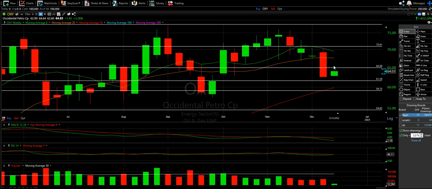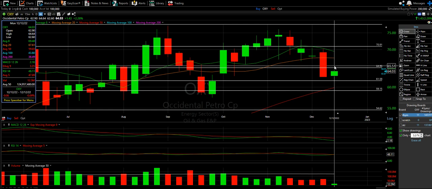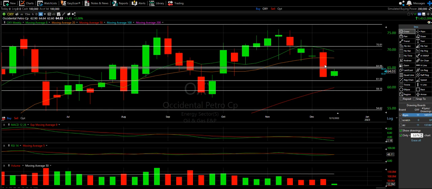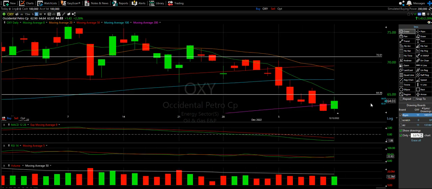But hey, if we can scratch our way back to like 65, retake about 50% of this bad candle, that could be really good. But again, I think a lot is going to ride on the next few days. Will it actually get over the 8? Again, it's been so long under it. You can't just necessarily expect it to get over, right? So we'll need some more buying.